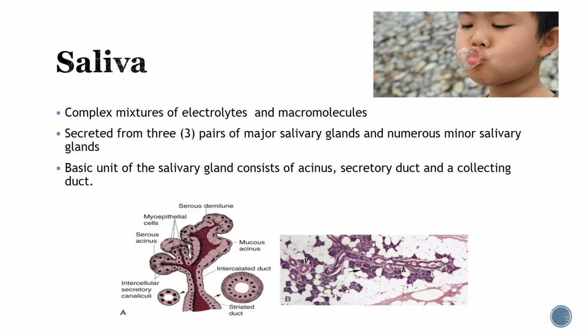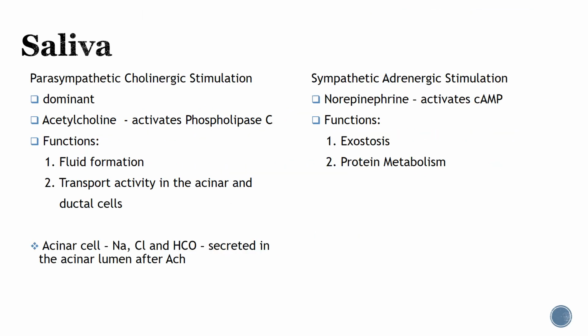The basic unit of the salivary gland consists of the acinus, a secretory duct, and a collecting duct. Saliva is formed via active processes that occur throughout the secretory unit. These processes are under the control of complex neuronal and hormonal signals. The flow of saliva is regulated by the autonomic nervous system.